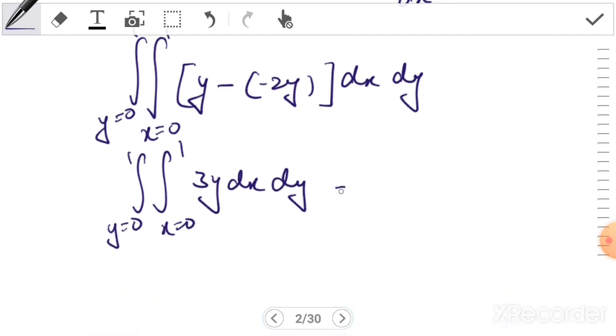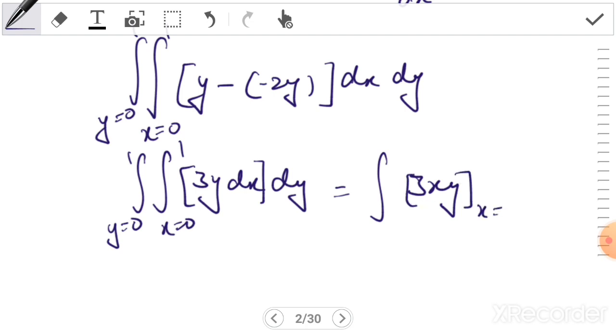So let us first integrate with respect to x. So this is 3xy, where x varies from 0 to 1. Right?